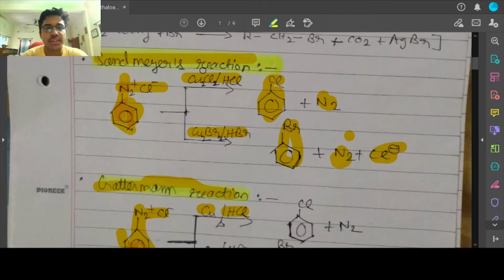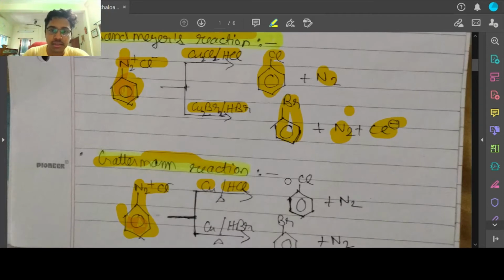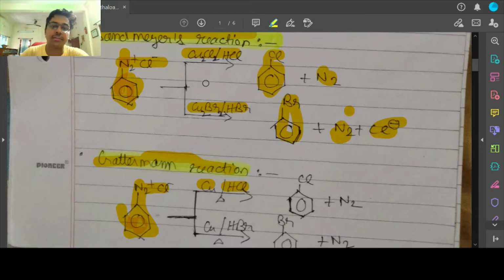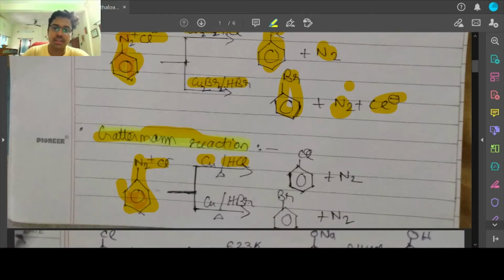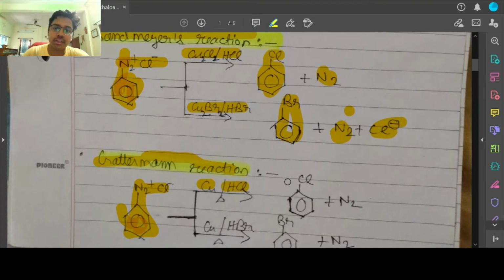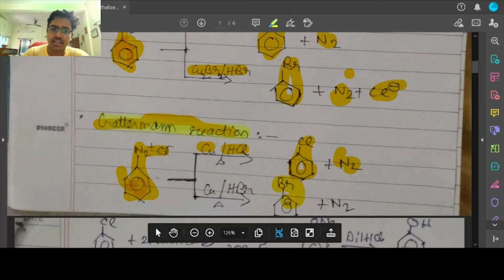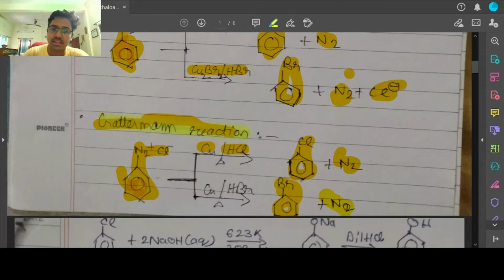To form chlorobenzene we need HCl or HBr. Here all the reactants and the products are the same, only the reagent varies.